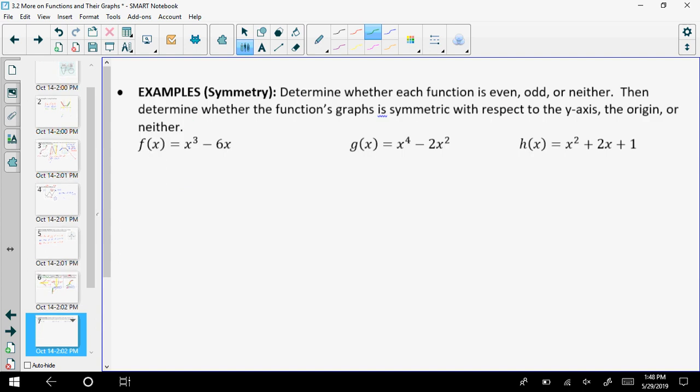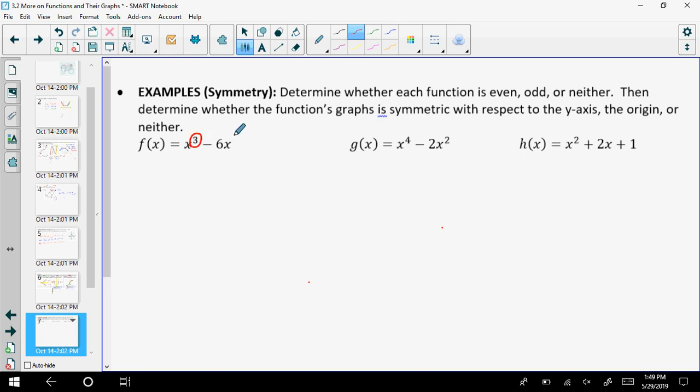So let's try this. Determine whether each function is even, odd, or neither. Then determine whether the function's graph is symmetric with the y-axis, the origin, or neither. So there's a couple of ways you can do this, and I'll let you in on some shortcuts. First off, if you want to tell if it's even, odd, or neither just by looking at it, if it's a polynomial, look at all the exponents.